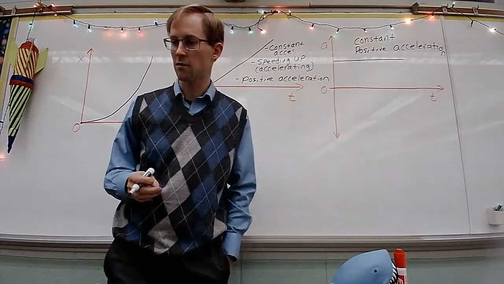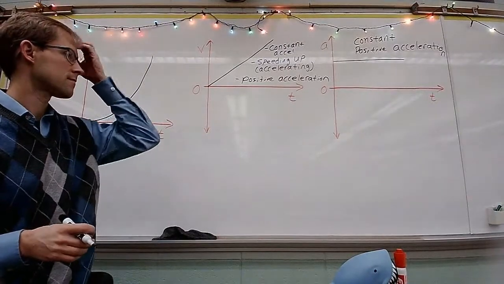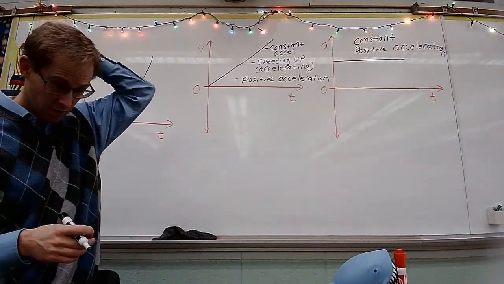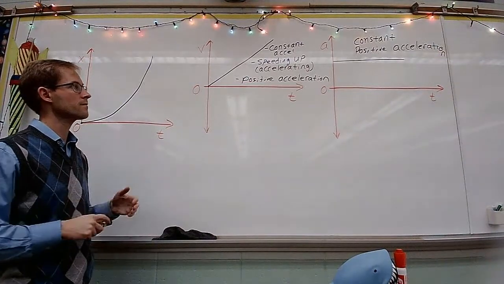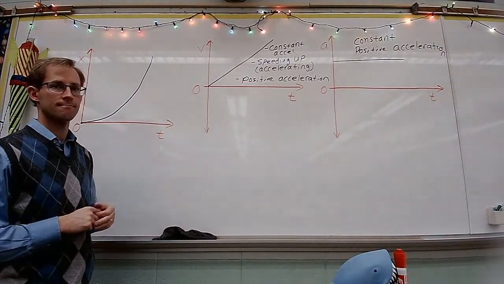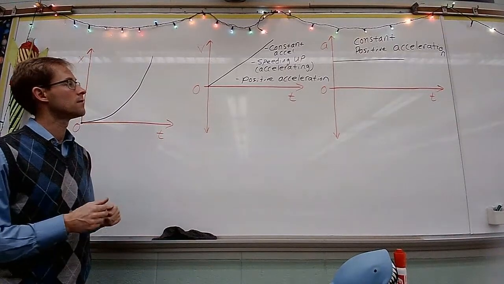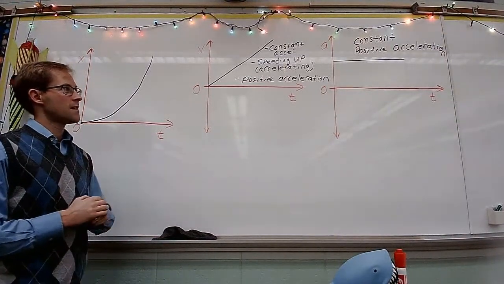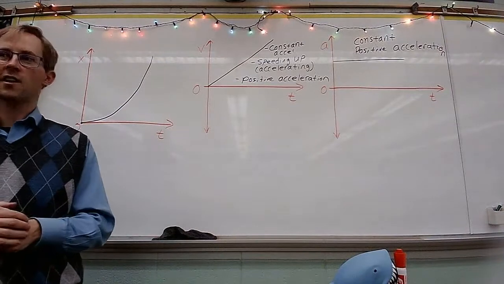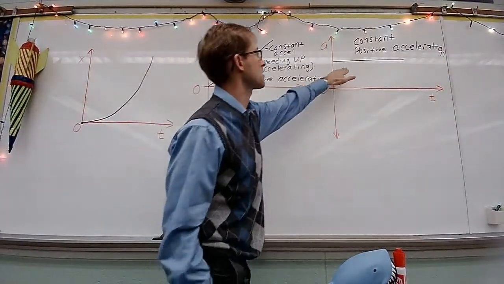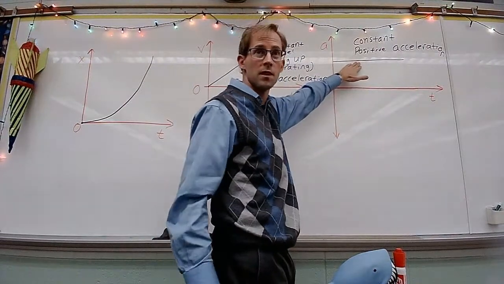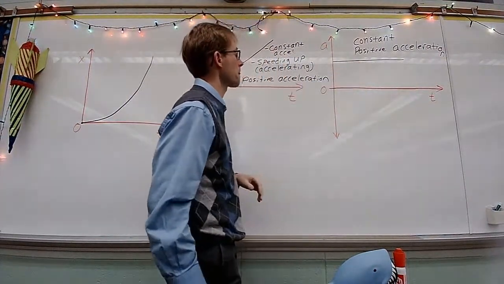Constant positive acceleration. Anytime we're drawing an acceleration versus time graph in this class, it's going to be a horizontal line, as you're going to see from the examples that we're going to go through today.